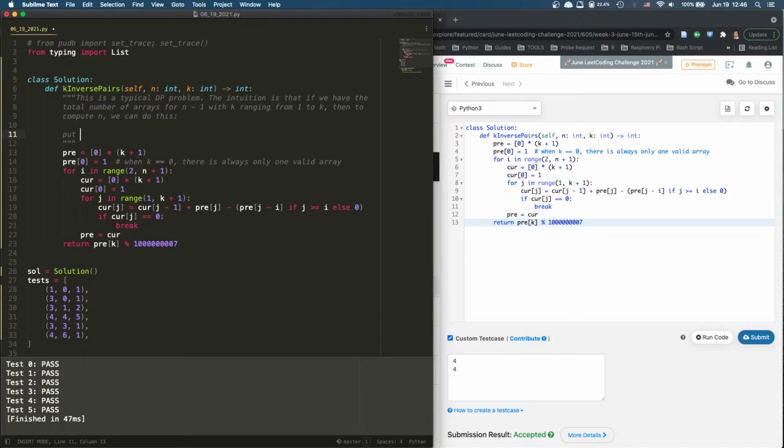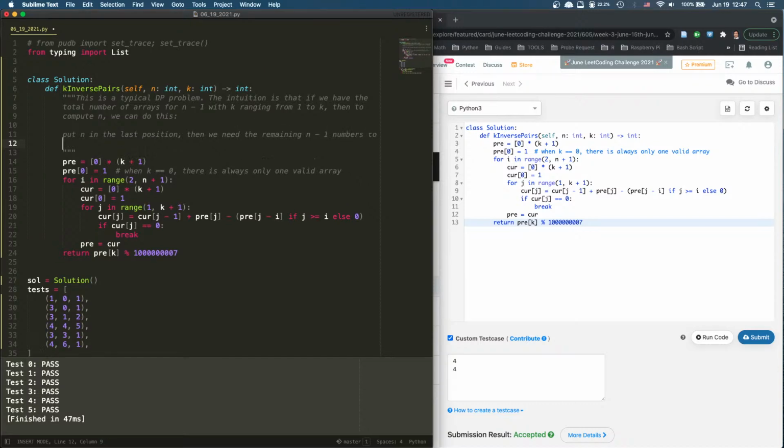Put n in the last position. Then we need the remaining n minus 1 numbers to produce k pairs. So we have the answer f(n minus 1, k).